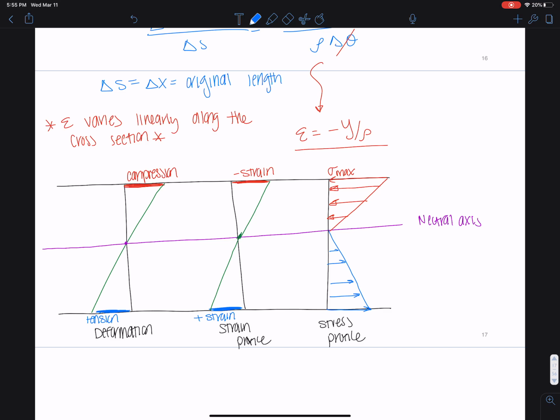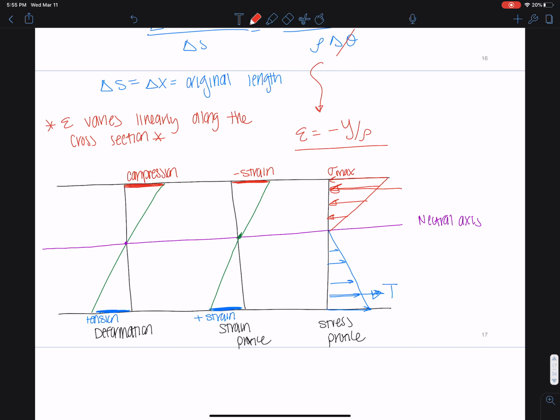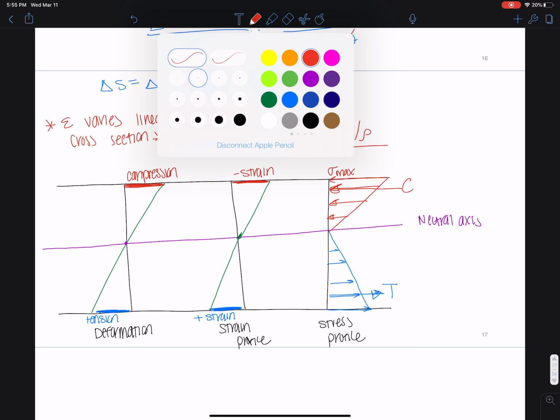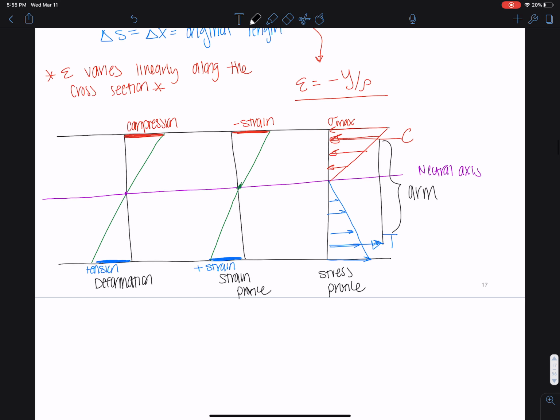And here you can see I'd have some resultant here in tension, and I'd have some resultant here in compression, and the distance between these two is the arm. And to get the couple, this moment is applied about the neutral axis. This moment is equal to T times the arm and also C times the arm. This is the definition of a couple, right?